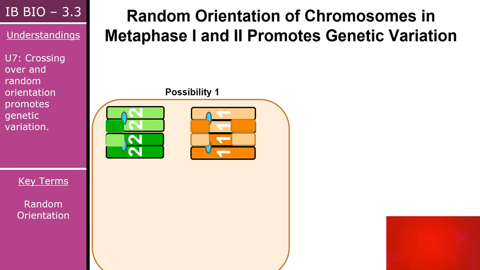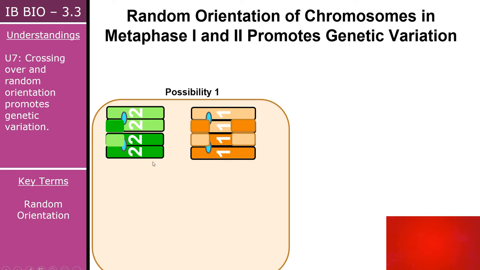So the other source of genetic variety during meiosis comes from the orientation of chromosomes in metaphase 1 and 2. So let's say we're in metaphase 1, and you know it's metaphase 1 because I only have one cell, and I've got these two pairs of homologous chromosomes. So which side they're facing is random.